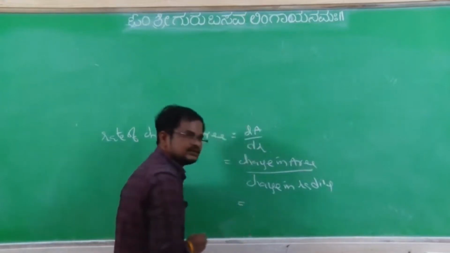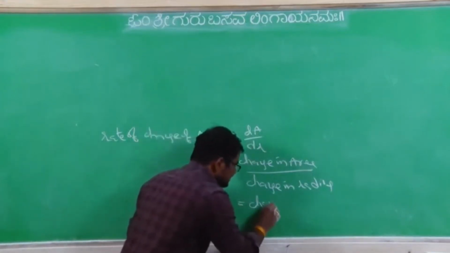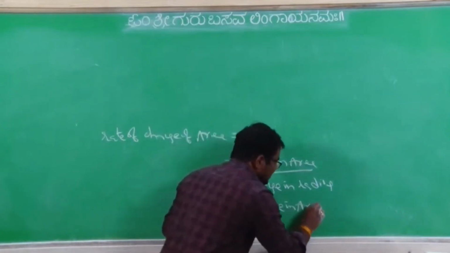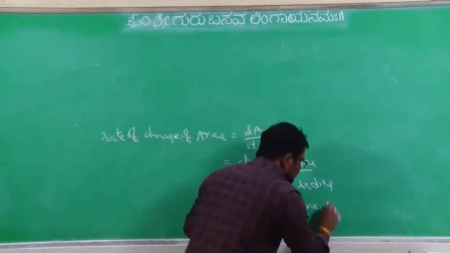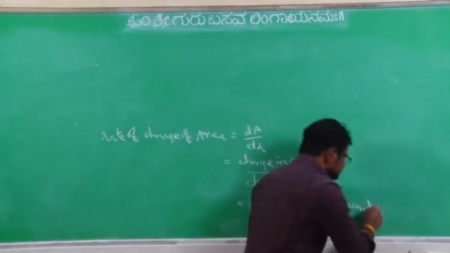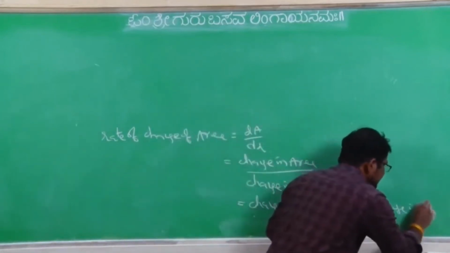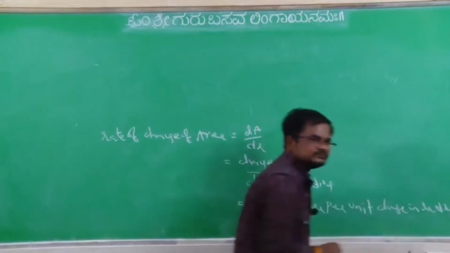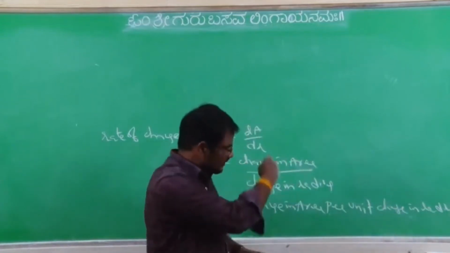Finally, it is the change in area per unit change in radius, right? So like that we have to solve the problem.